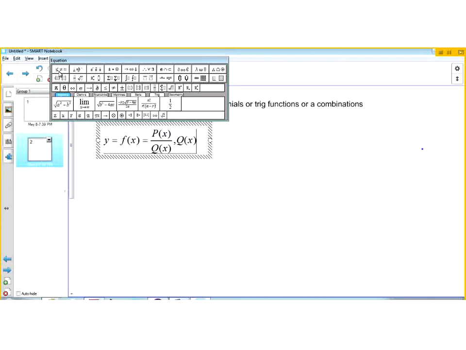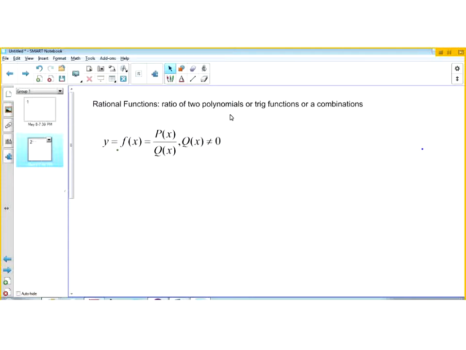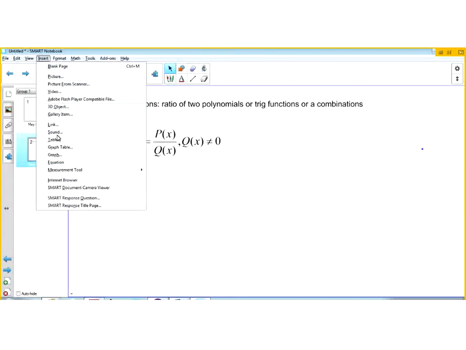P of x over q of x, where it's understood that q of x doesn't equal 0. Okay, so we have this. All right, so rational functions. An example of a rational function would be, say, 1 over x plus 1.